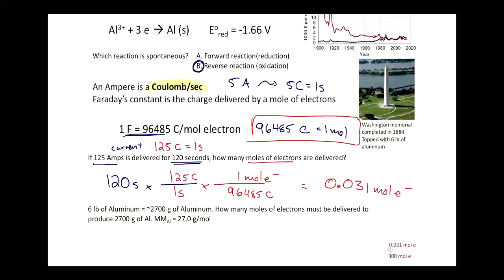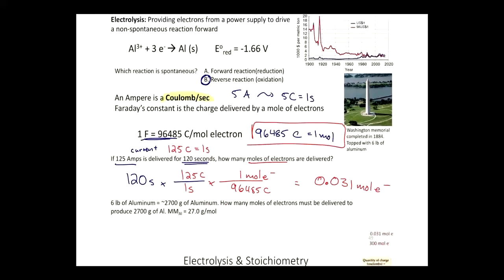So let's do it a little bit backwards here. I mentioned that there was a point in time aluminum was more expensive than gold. So much so that when they were building the Washington Monument, in 1884, aluminum was super expensive, so the United States wanted to brag to the world about how great we were. So we took the most expensive material out there and topped the monument with that.